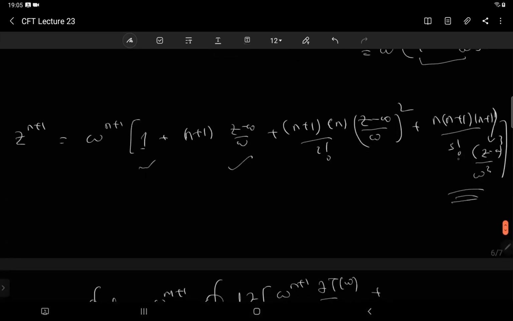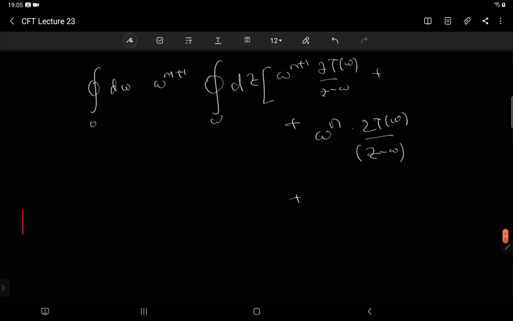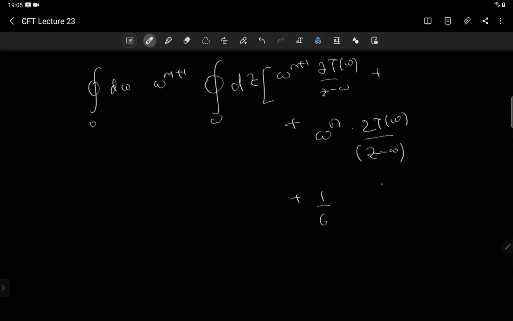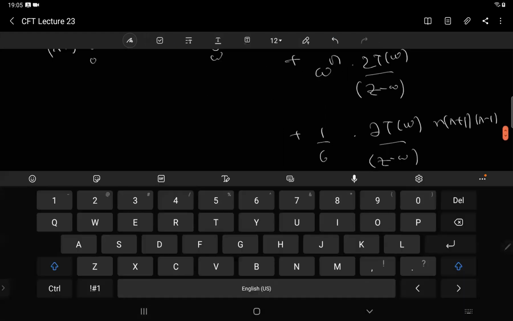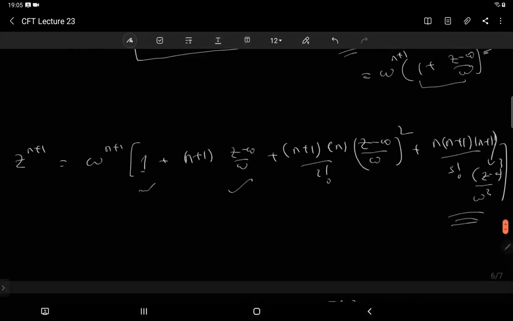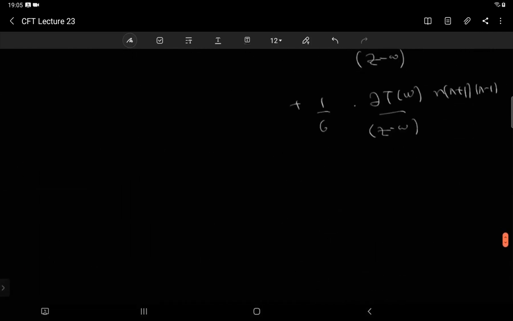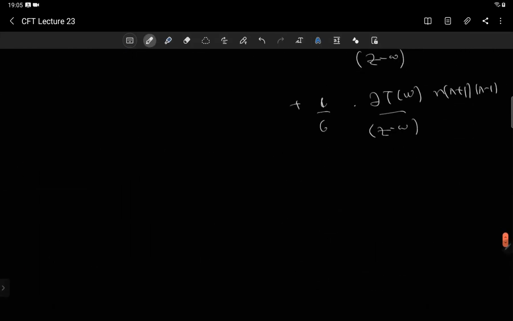Last term will have a 1 by 6 times omega n plus 1. So last term will be 1 by 6 times del t omega by z minus omega into, so this is a 1 by 2 pi I square here, into n plus 1 into n minus 1, and you have a term which is omega to the power n minus 2, because there's a 1 by omega cube, so there's omega to the power n minus 2.